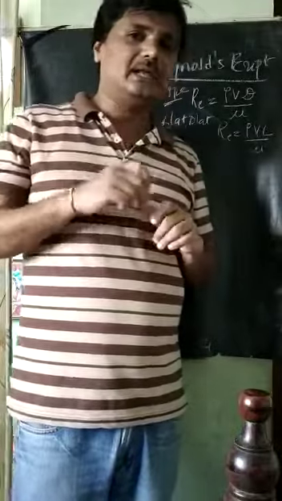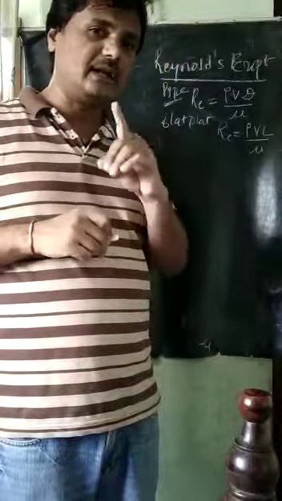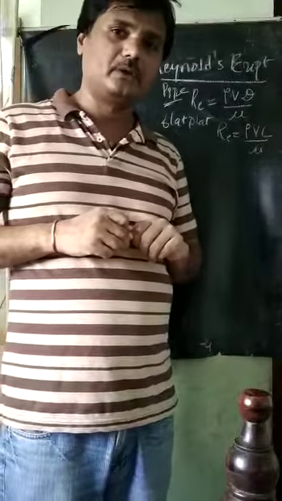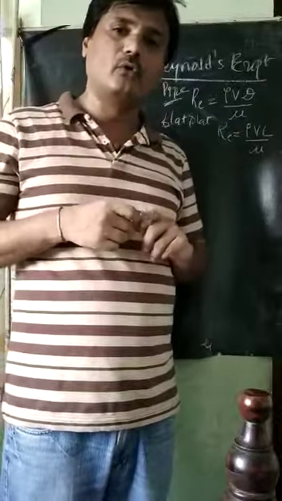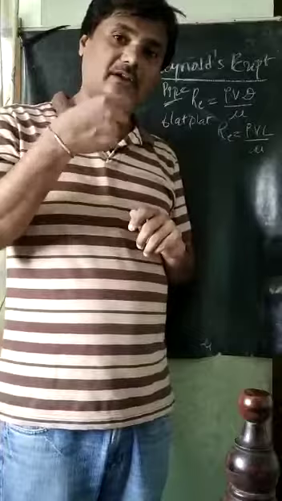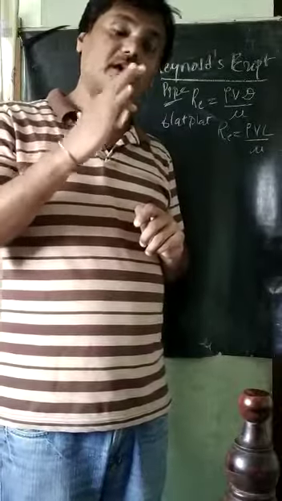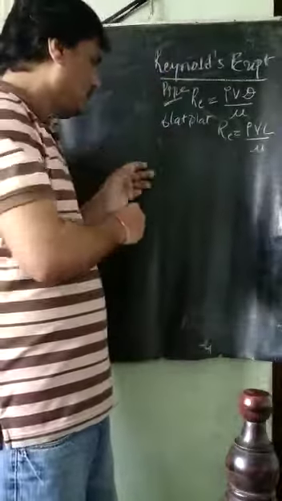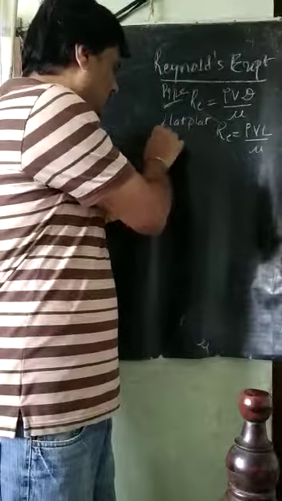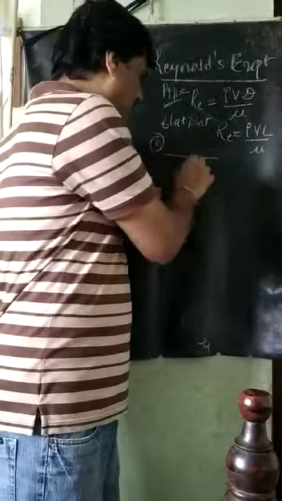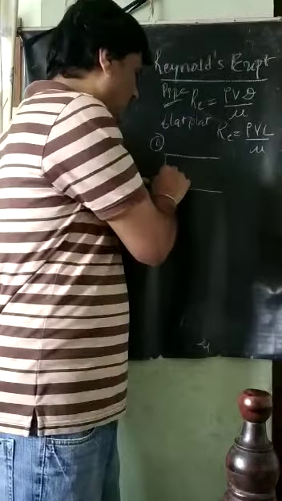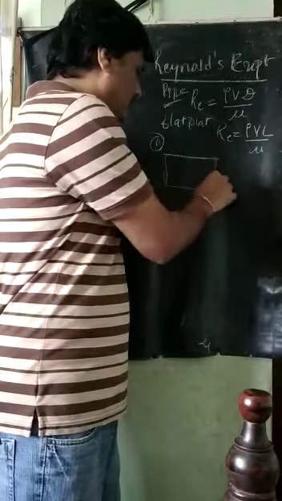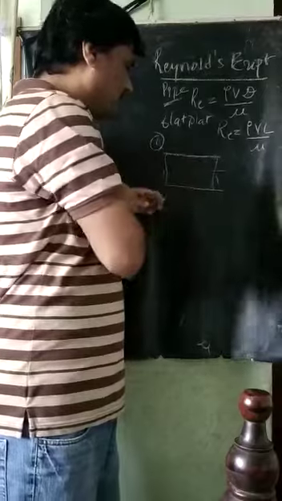Initially, Reynolds conducted one experiment on how fluid flow changes its characteristics when its Reynolds number is changing. We will show three phases here. In the first phase, the pipe is like this, with the axis of the pipe here.